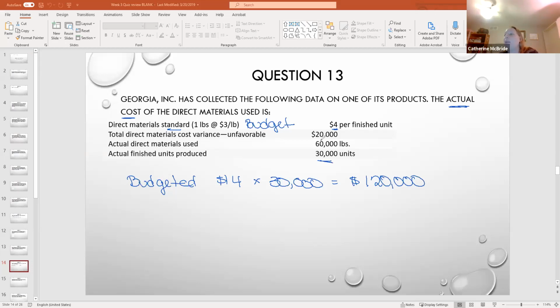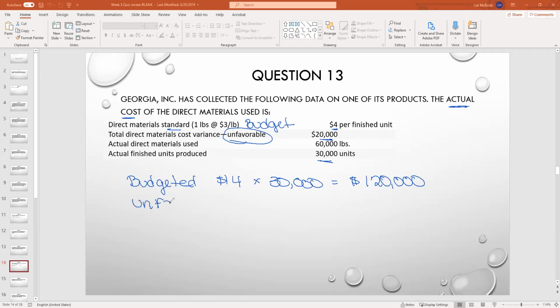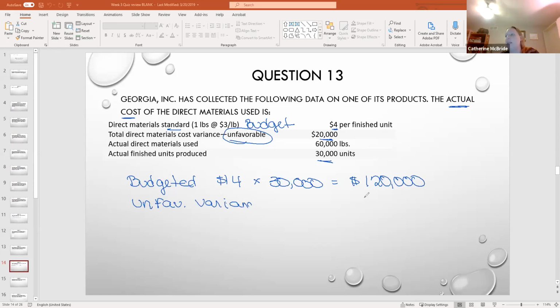If I have a $20,000 unfavorable variance, does that mean I spent more or less than $120,000? I spent more. So I'm going to take my unfavorable variance and add it because I spent more. So I actually spent $140,000.